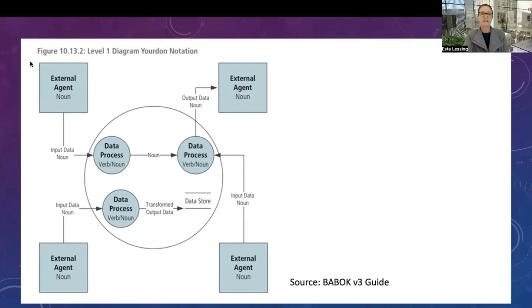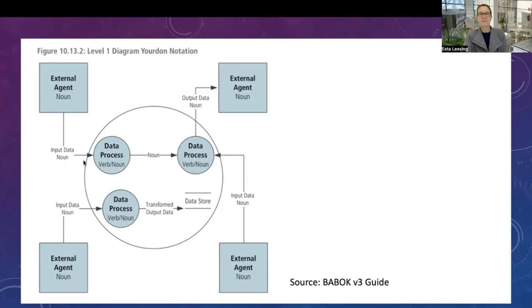So here, in a similar way, you identify what's referred to as external agents. You might notice that I refer to this as entities. It's a very similar concept. So then you've also got your input flows and potentially output flows.